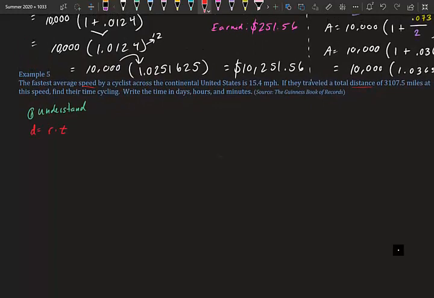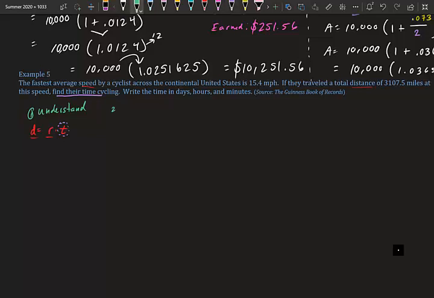Rate is the speed. Also, isn't it asking find their time? Because we have distance and speed, we can find time. That's why we're using D equals RT.